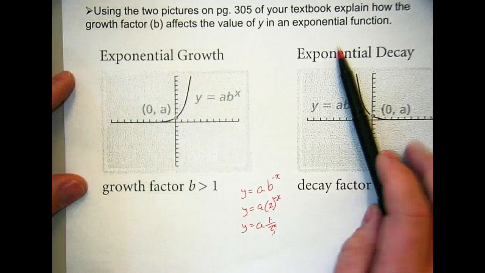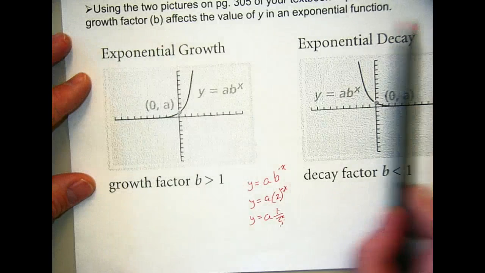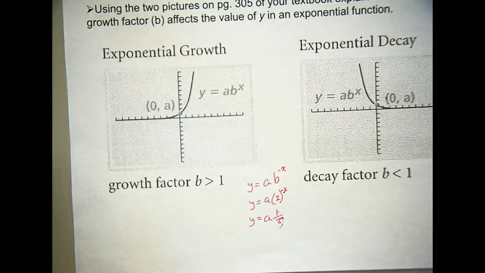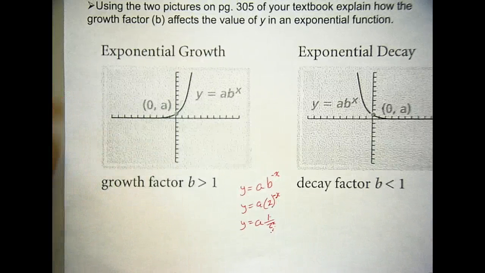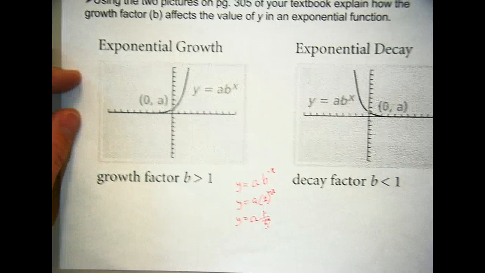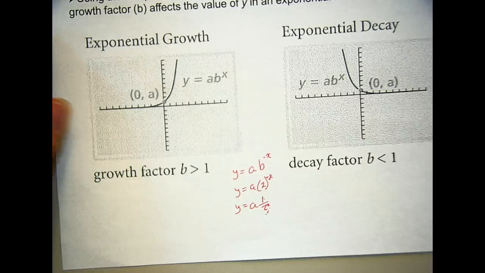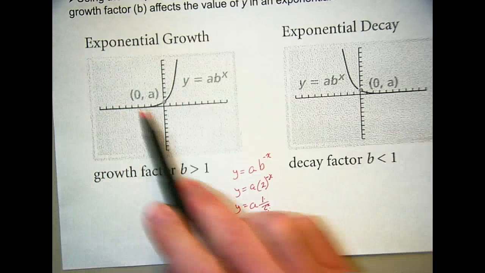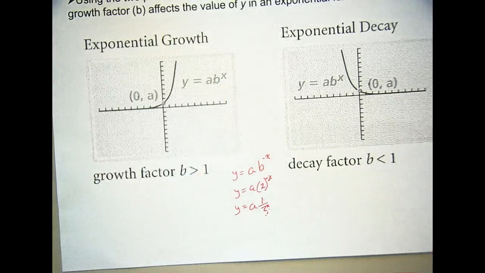It's actually reflecting over the y-axis. You change that, it reflects it over the y. There's a lot of things, and we'll explore that a bit more in 7.2. So you're jumping a little ahead, and that's good, but we'll explore it more in 7.2. For now, we just want to know our growth factors and picture-wise. Questions there?